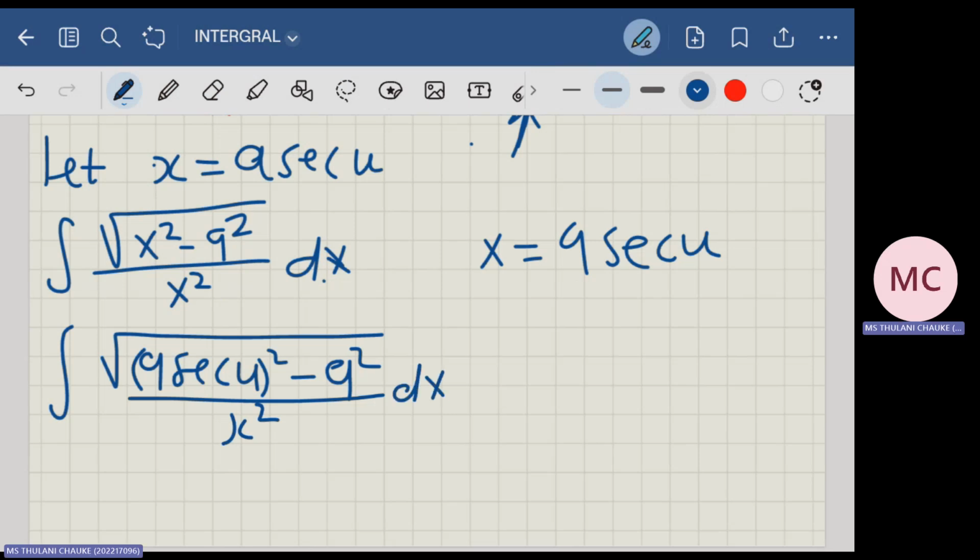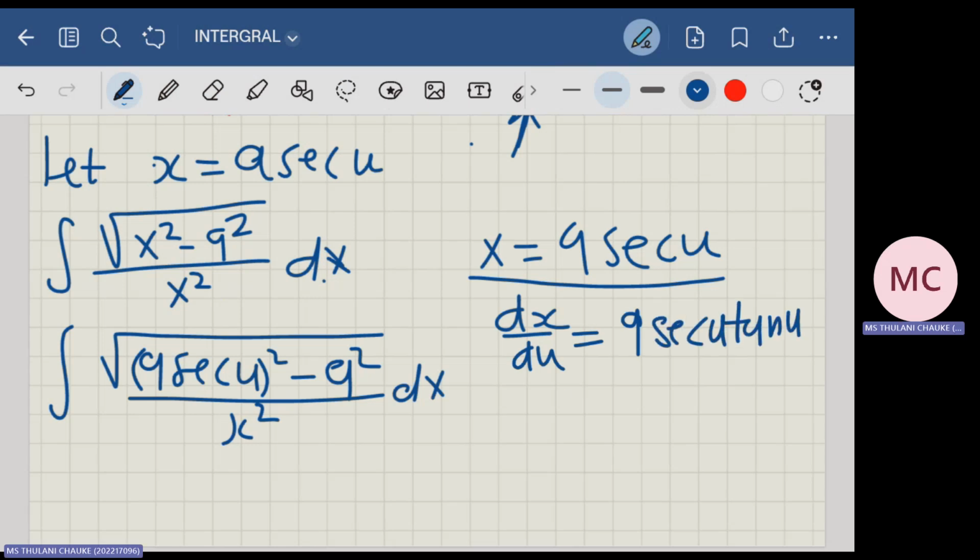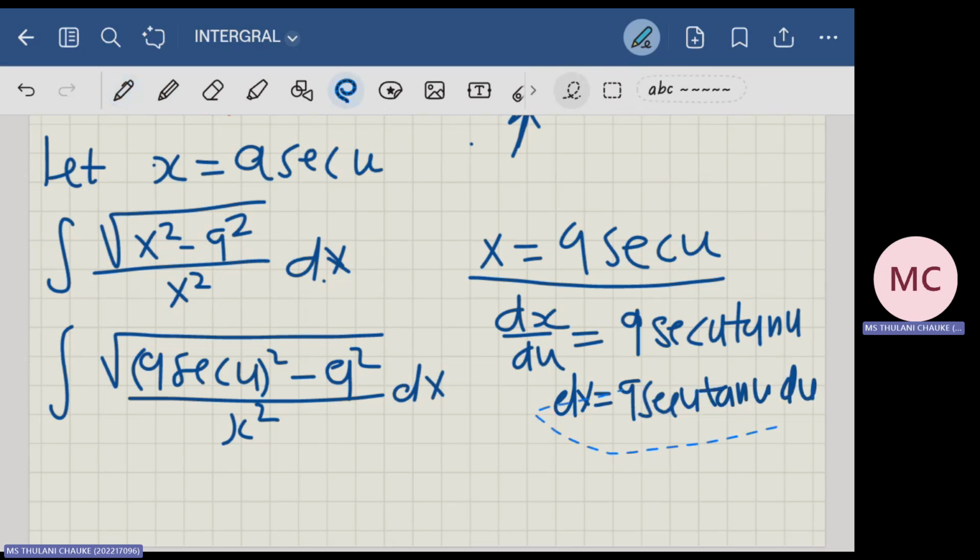Now we have to differentiate this one, right? The derivative of x with respect to u will be equal to 9 times the derivative of sec u, which is sec u tan u. Then dx will be equal to 9 sec u tan u du. Let's take this one and copy it.